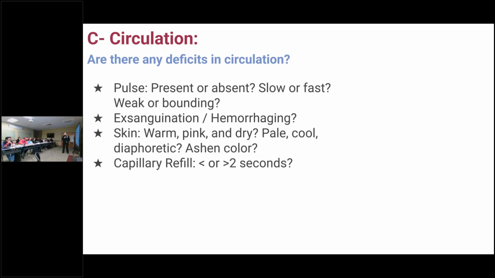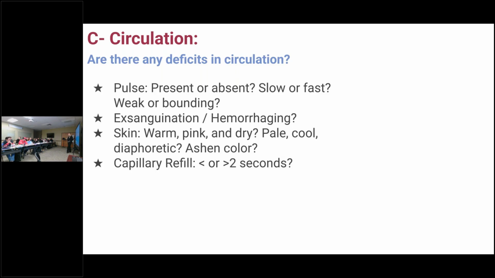We want to look at their skin. Is it warm, pink, and dry, pale, cool, and diaphoretic, or an ashen color? What can pale, cool, and diaphoretic skin indicate? Shock. Yeah, perfect. And then we can assess their capillary refill. This is more towards pediatrics, but you can still do it on an adult too, right?